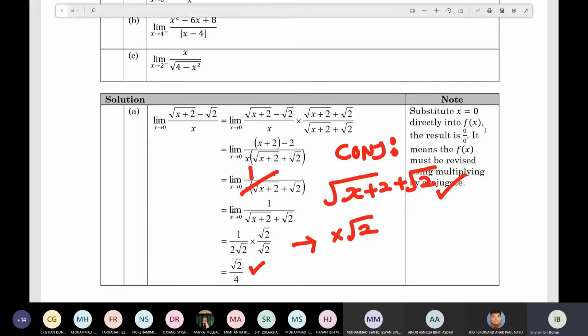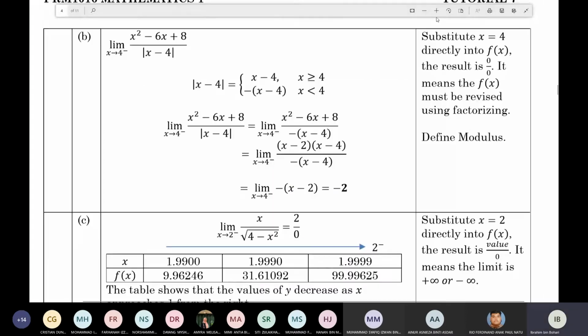Question A. And question B. Question B, limit of x squared minus 6x plus 8 over modulus x minus 4. First you write down modulus x minus 4 equals x minus 4 when x is greater than or equals to 4.